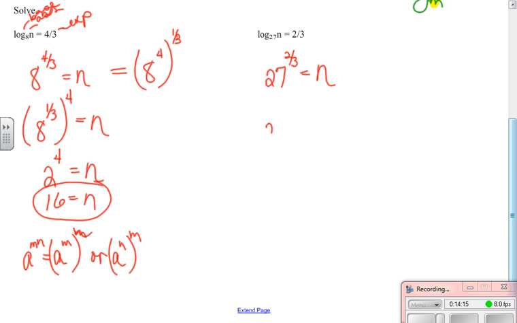In the same way, I'm going to split this as 27 to the 1/3 then squared equals n, because I recognize 27 as a perfect cube. The cube root of 27 is 3, and so I know n is 9. Tune in to part 2 for the end of the lesson.